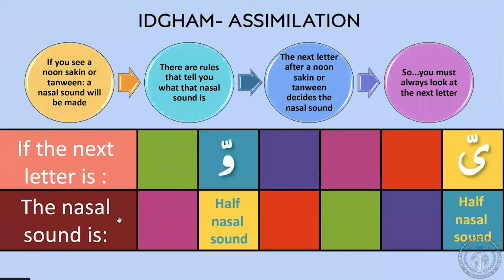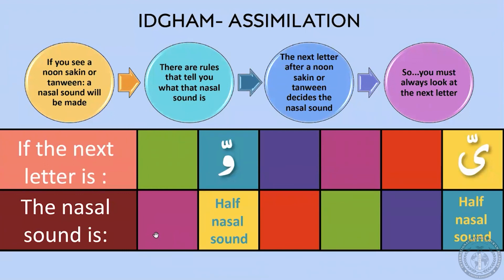Again, just to summarize, if you see a noon sakin or tanween, a nasal sound will be made, and there are rules that will tell you what that nasal sound is. The next letter after the noon sakin or tanween is what decides what that nasal sound will be. So as a rule, we must always look at the next letter after noon sakin or tanween.